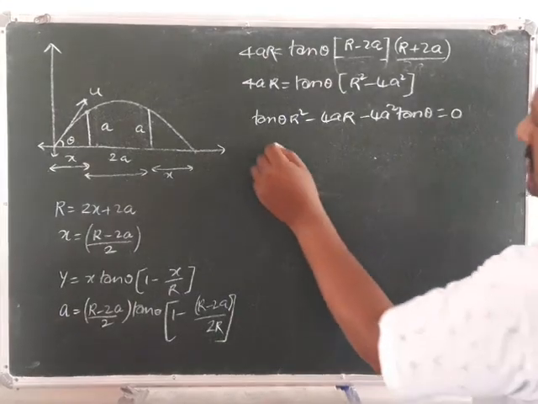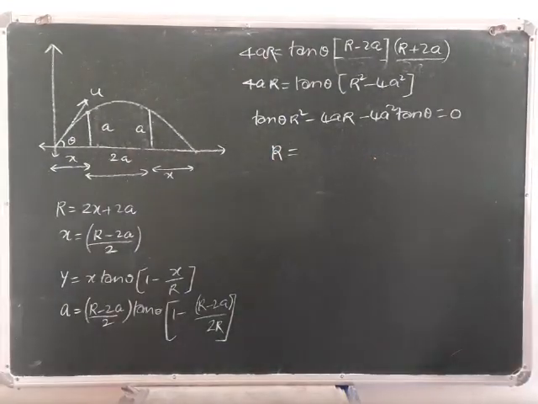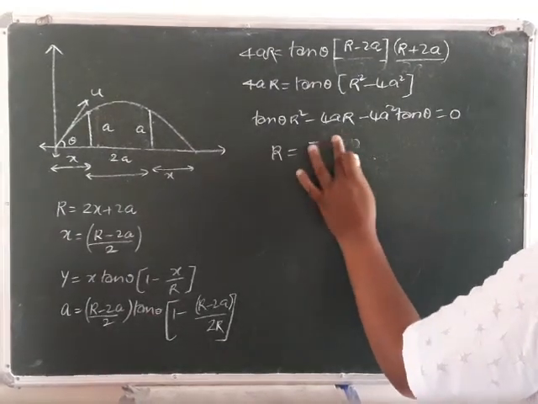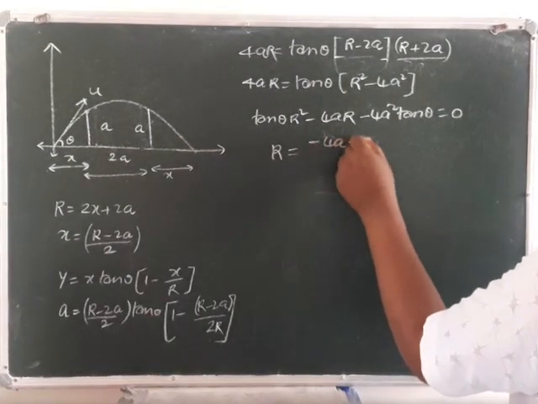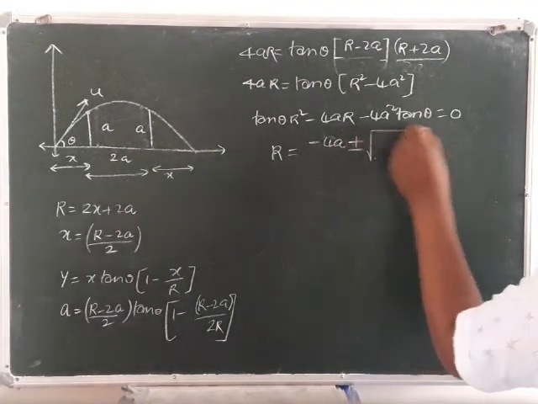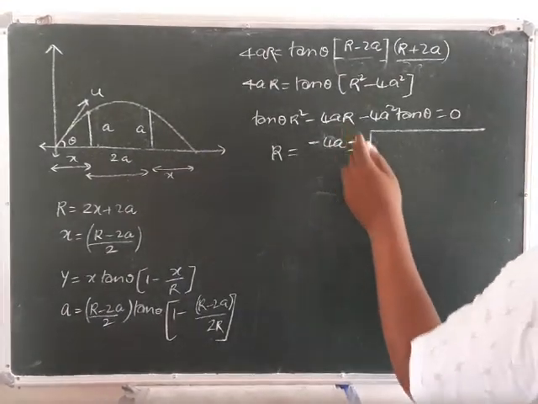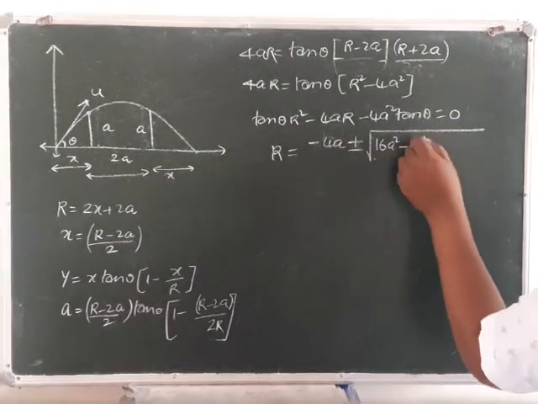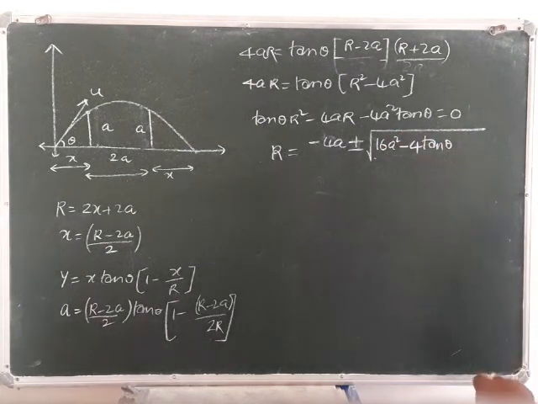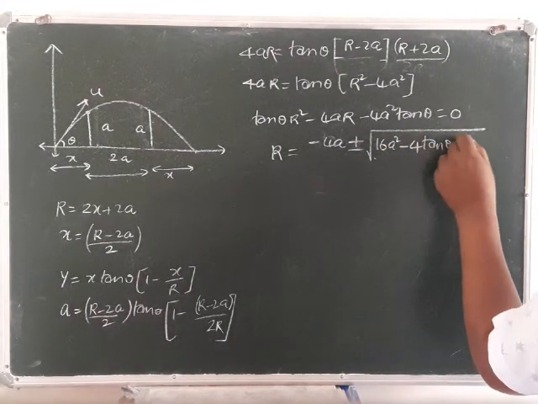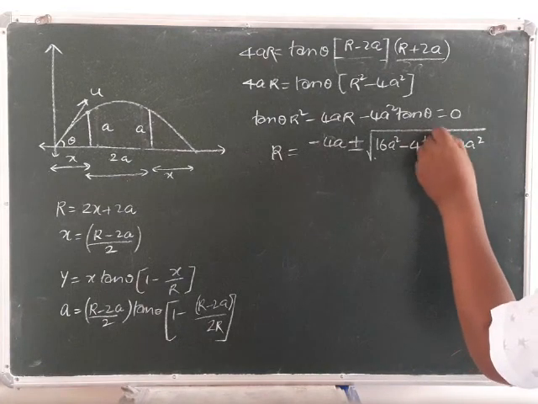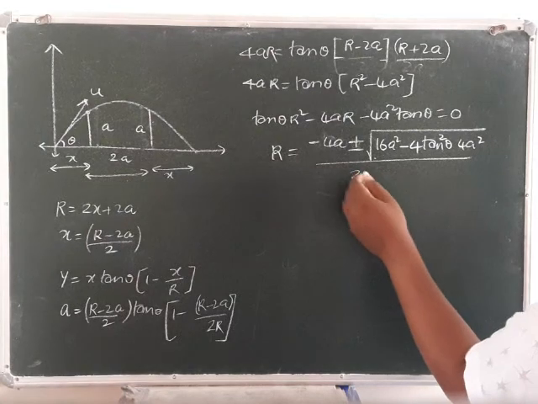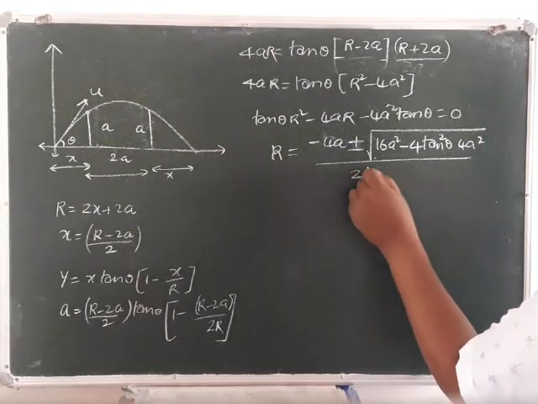If you write the expression for R, it is minus b plus or minus root of b square minus 4ac, over 2a. Here b square is 16a square, and c is minus 4a square tan theta, with tan theta as the coefficient of R square.